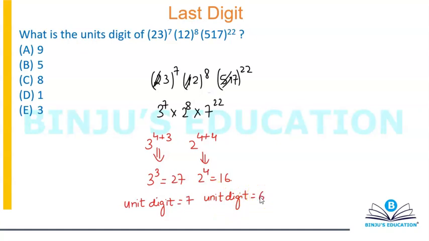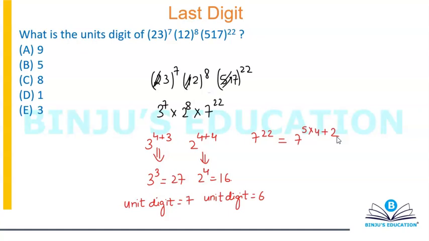Unit digit is 6. 7 to the power 22. That can be written as 7 to the power 5 into 4 plus 2. Now what do you mean by 7 to the power 5 into 4? 5 into 4 basically means you're going to have 5 complete cycles.